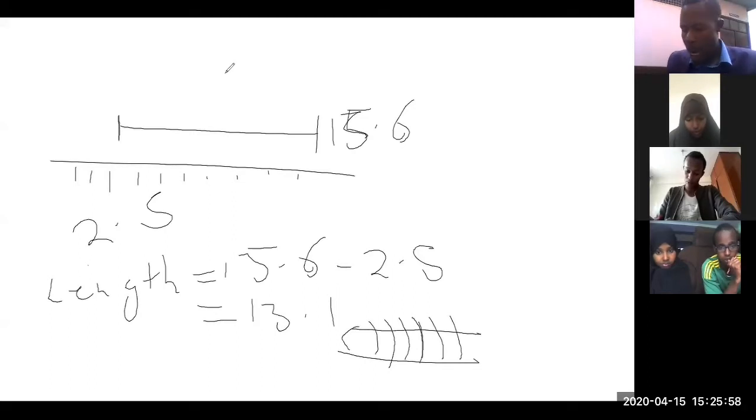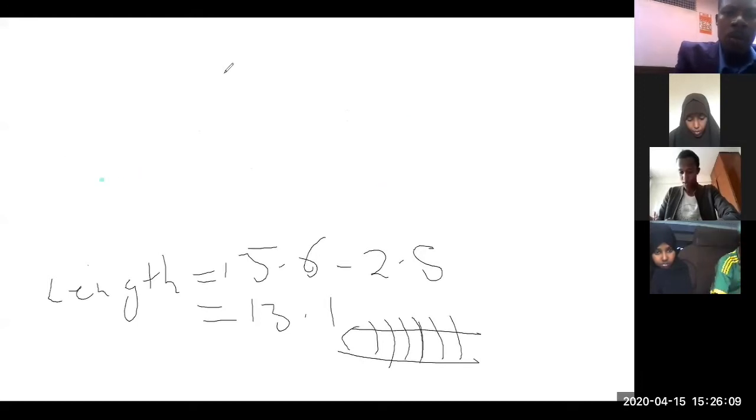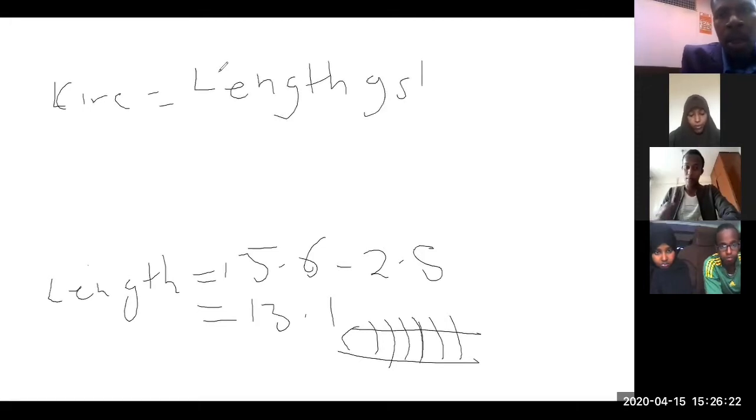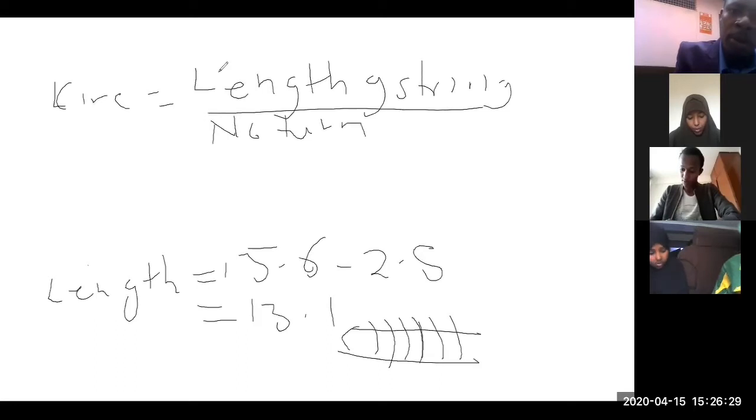So to get the circumference of that cylinder, we take the length of the string and divide by the number of turns.